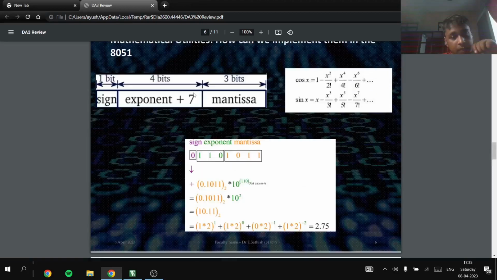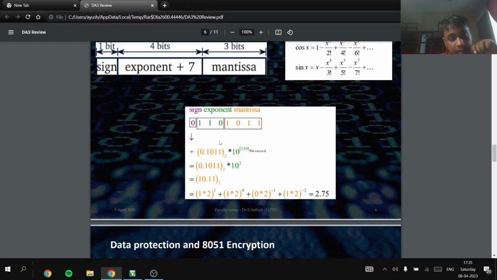Over here we have a 7 bit axis, right? Over here we have a 3 bit axis, so we have to subtract the axis from the exponent, and then the mantissa into the exponent, then we standardize this, and then based on the values you add them up and you get your value.